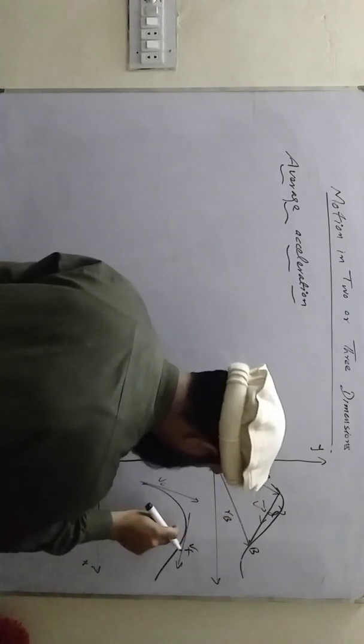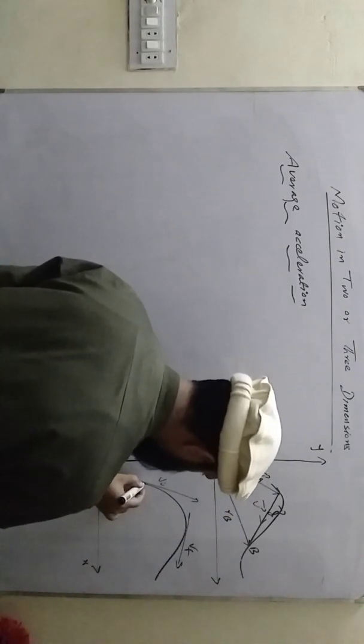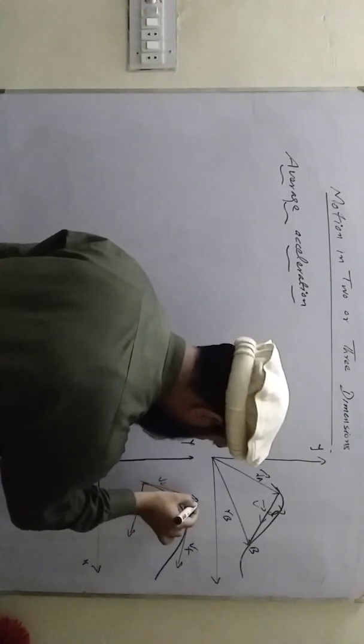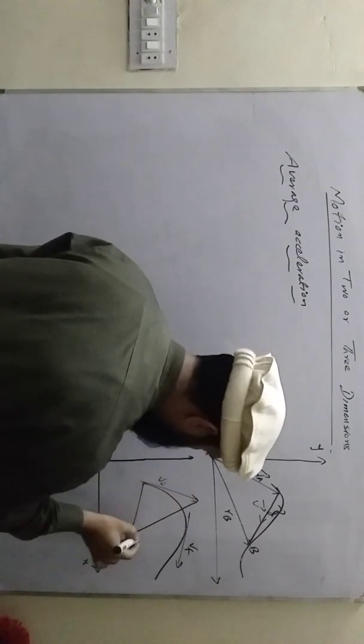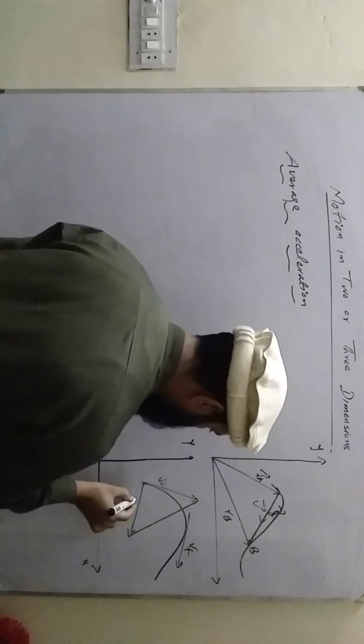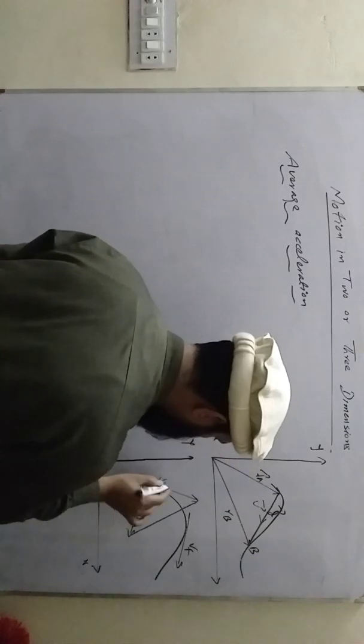We can replace this vf here such that its direction and magnitude do not change, and join the heads of these two velocities vf and vi, which indicates delta V, meaning Vf minus Vi.